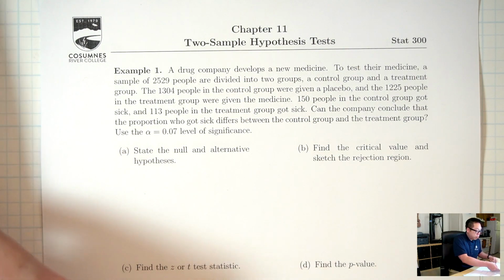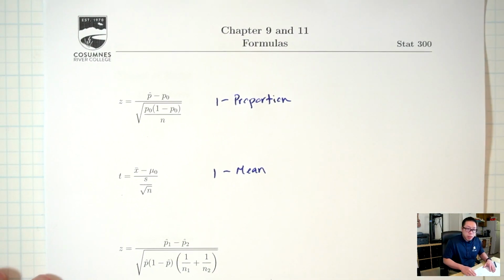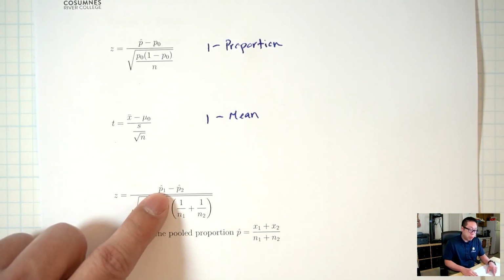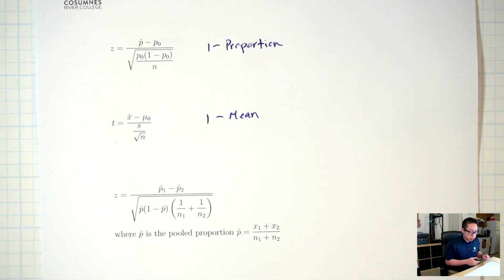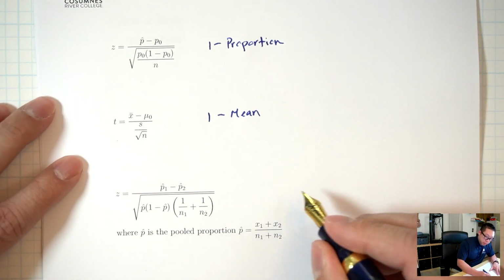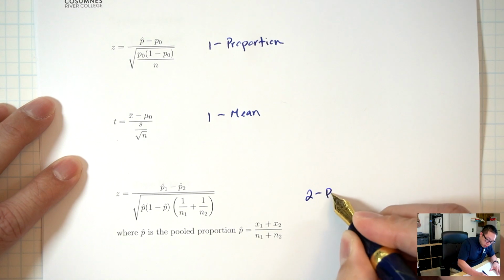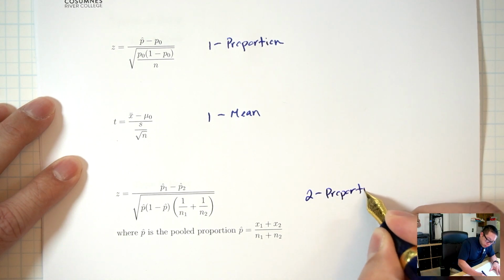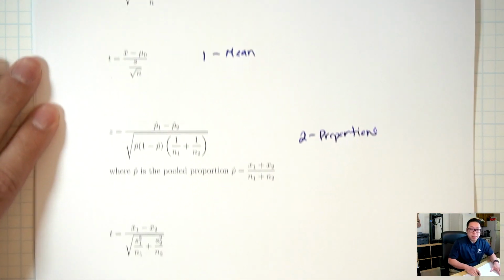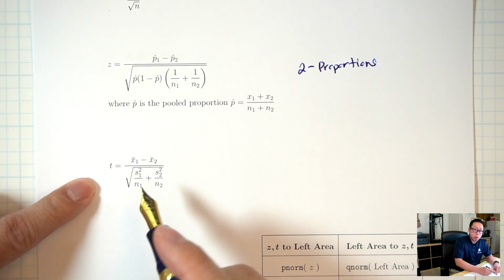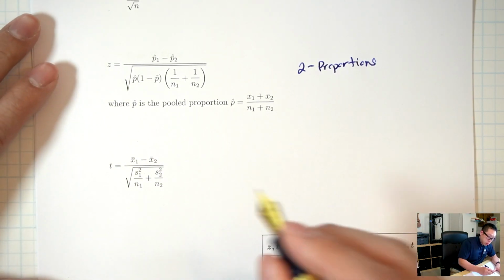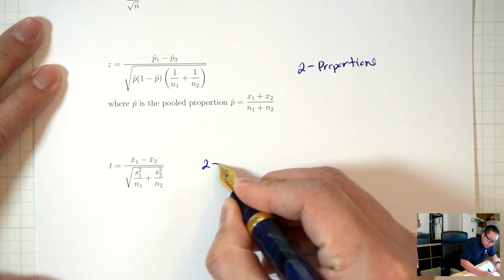So jumping back to the front page, the second Z formula with the P1 hat and the P2 hat, that's going to be for two proportions. The second T formula with the X1 bar and X2 bar are going to be for two means.